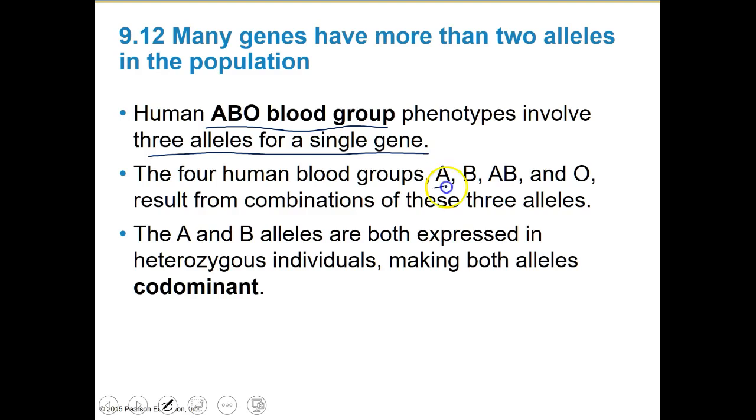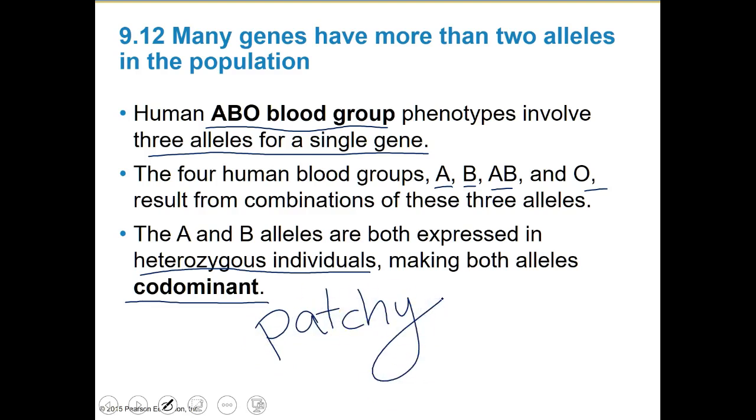The four human blood types A, B, AB, and O result from combinations of three alleles. A and B alleles are both expressed in heterozygous individuals, so we call them codominant, because they both dominate certain areas of the cell, but they have their own areas. For a lot of codominance, you'll see it be more patchy, less of a blend.